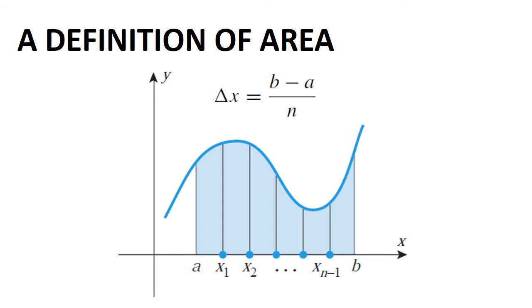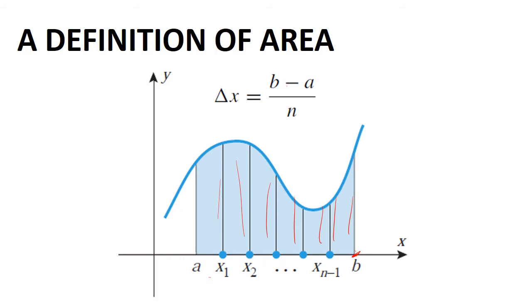Kasi from A to B siya, tama? A to B is the total distance or yung boundary nung curve. And since dinivide natin siya into n numbers, dinivide natin siya into rectangles na ang bilang ay n and equal siya, therefore bawat hati na delta x ay merong width na b minus a divided by n.